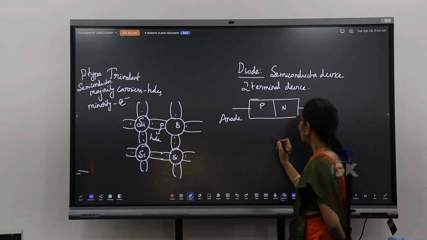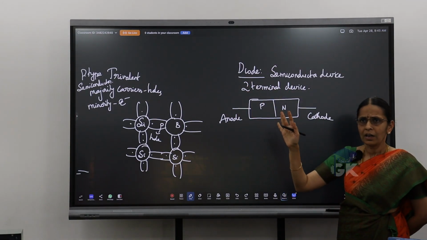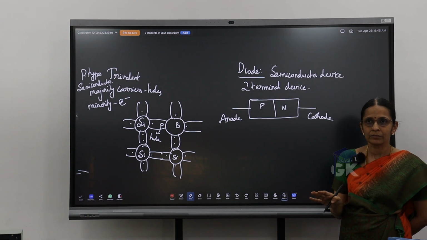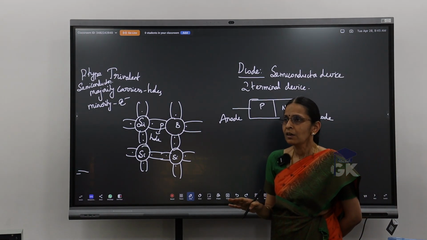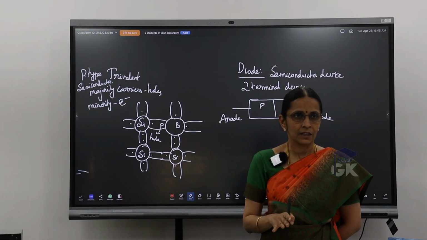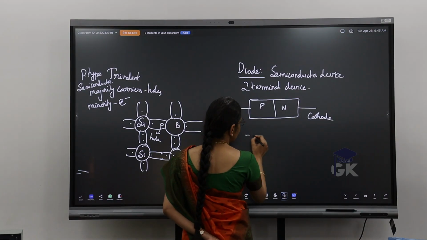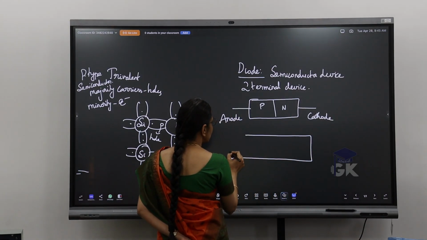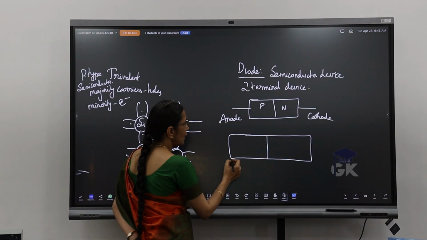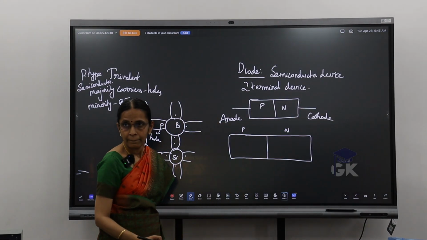Now why do you basically call it a diode? It is going to allow current flow in only one direction. It will allow the current to flow only in one direction and it will offer a large resistance in the other direction. Now, if you have seen your textbooks or materials, you would have seen a diagram in this fashion where I have a P side and then an N side.